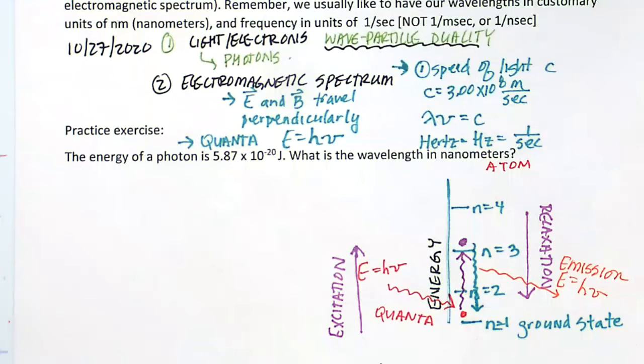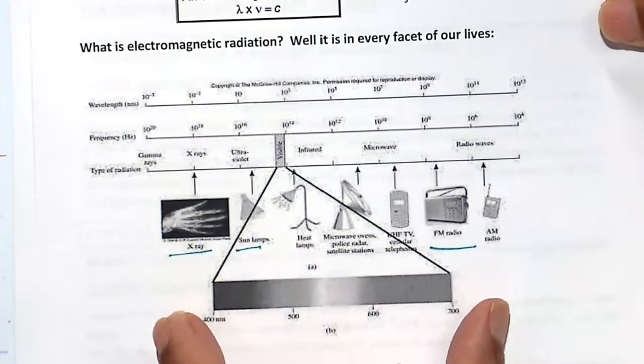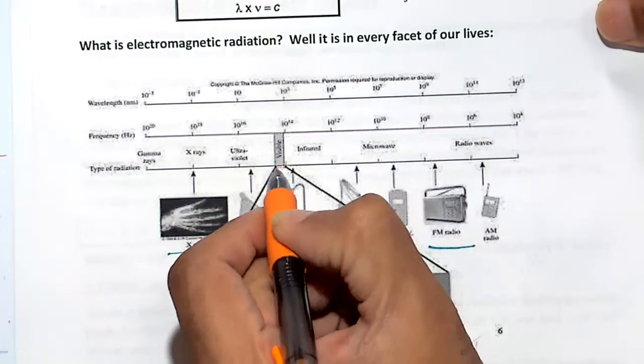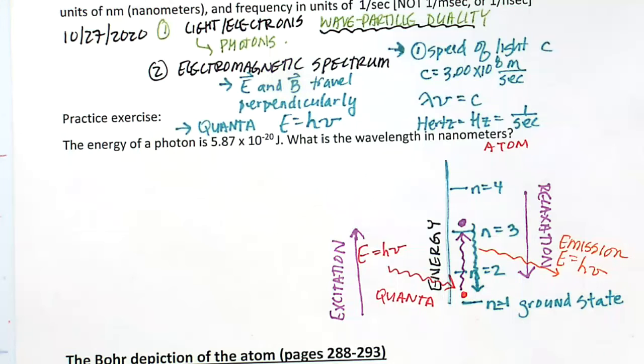But here it's visible. All these lines are things we can see. So that's what happens as it relaxes back down: it emits energy. You can see that, at least those that are visible, in this tiny little sliver of the electromagnetic spectrum. So, excitation, relaxation, and as it relaxes, it emits.